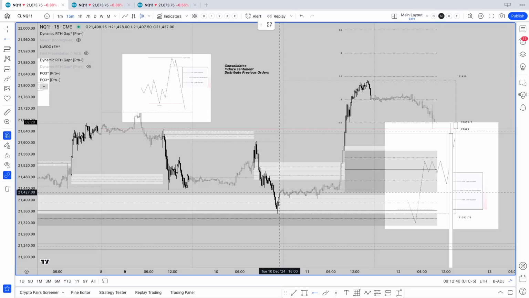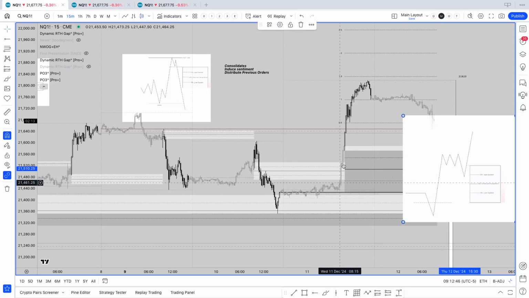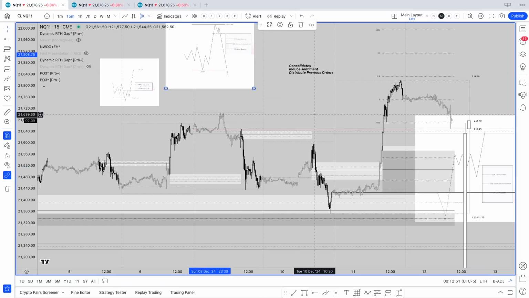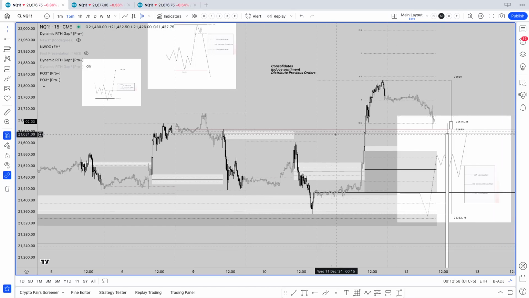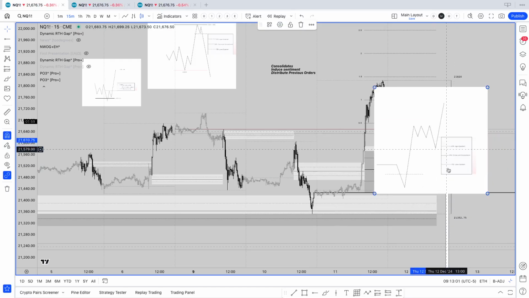This is the previous day close here. So if I see that we are expanding towards another high time frame level, could be a previous weekly high or a new week opening gap or a new month opening gap, I am anticipating that we are going to have this specific profile.